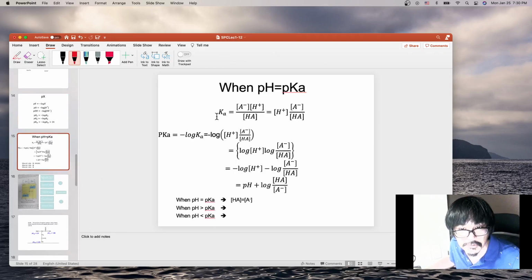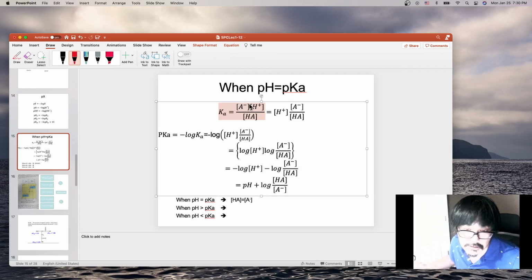And let's just put something in here. Maybe we can actually get something. So the Ka, from several slides before, we actually got this one, right? The acid dissociation: starting from here, you dissociate into this one, product over reactant, you get this one, right? Slightly rearrange that formula right here so that you can see what I'm doing. pKa right here is equal to, by definition, minus log of Ka, right?